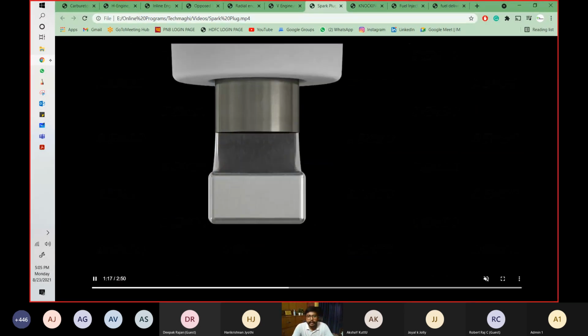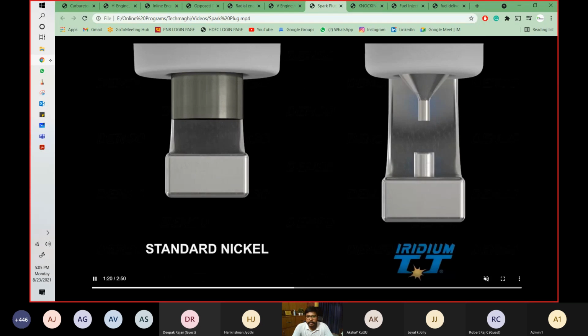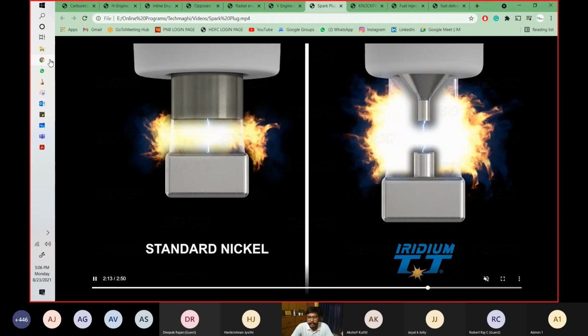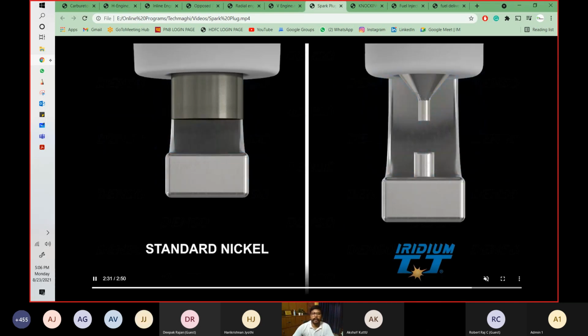So the internal construction: this is the center electrode and this is the lower part, which we were discussing a moment ago. And this is how the spark happens.